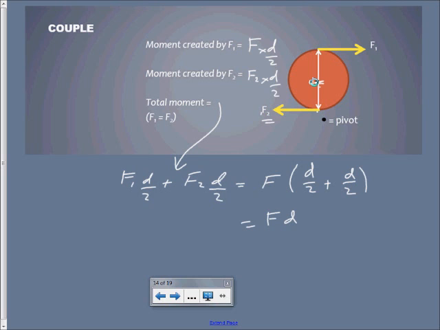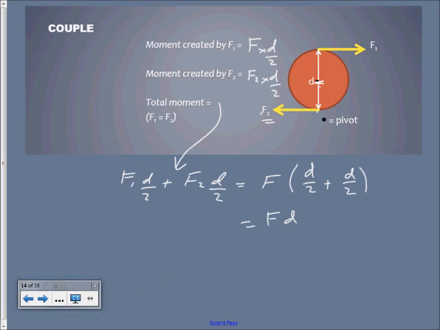So if we want the moment produced by a couple, it is simply a matter of calculating the, well, we call it the torque. I've been using the word moment here, I'm going to switch across and use the term torque. And we can represent that by the Greek letter tau.